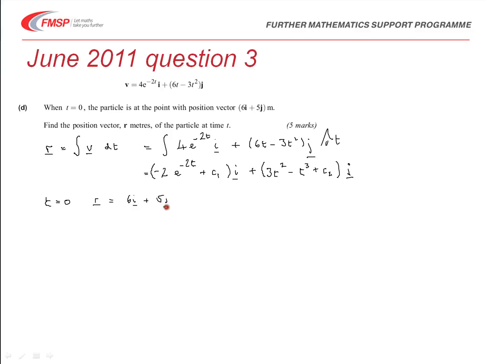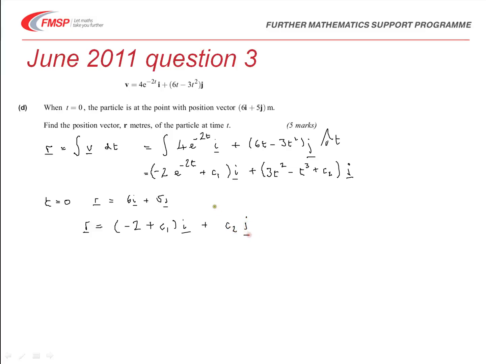So we substitute t equals 0 into our expression. e to the 0 makes 1, so this becomes minus 2 plus c1, lots of i, and then the 3t squared and the t cubed would both be 0, so this becomes c2 lots of j.